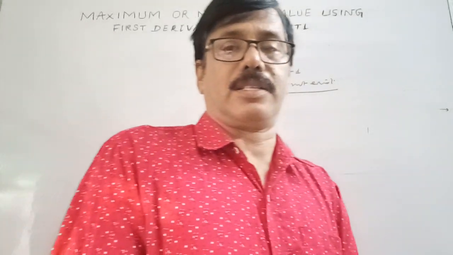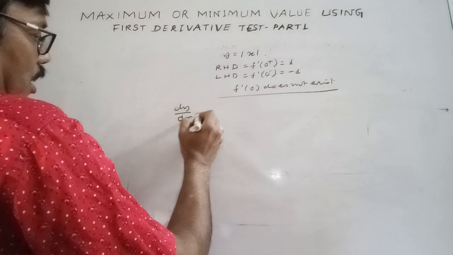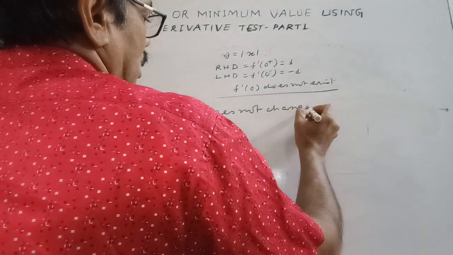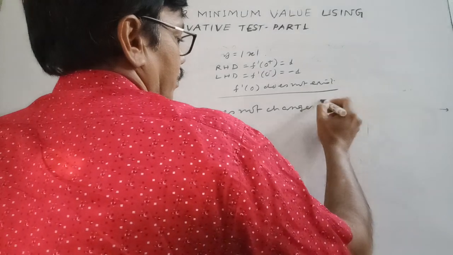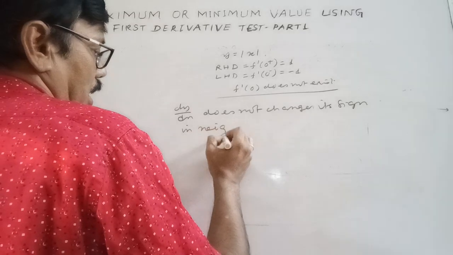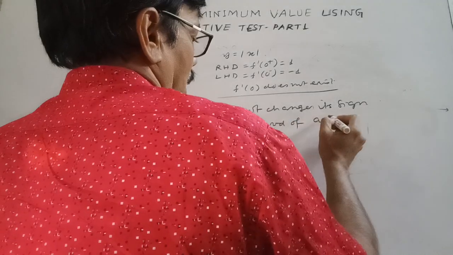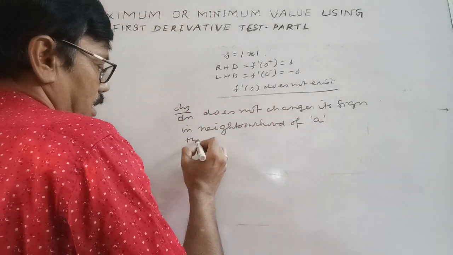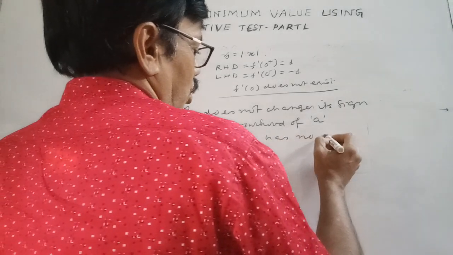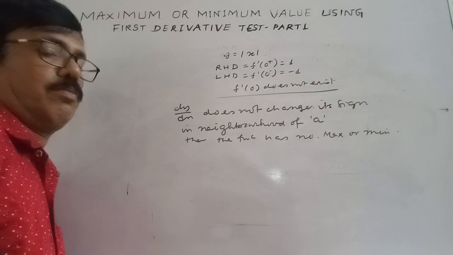If dy by dx does not change its sign in the neighborhood of a, that is a plus and a minus, then the function has no maximum or minimum, that is no extreme value.